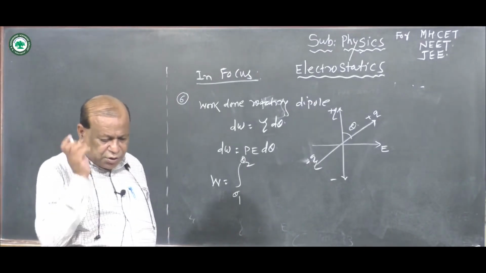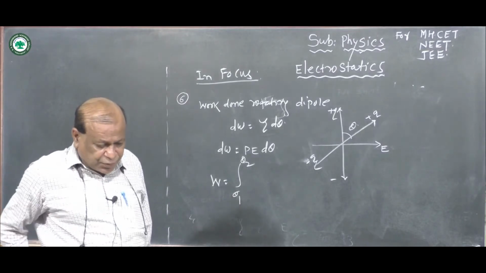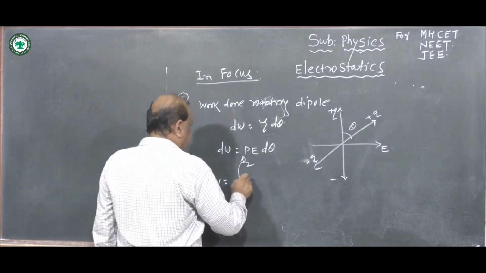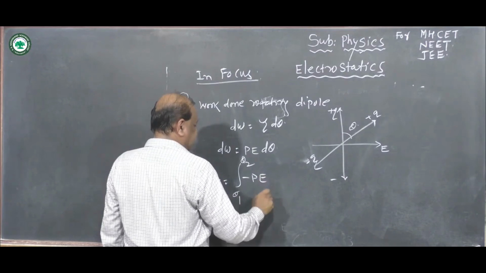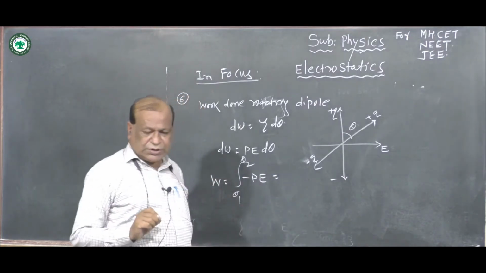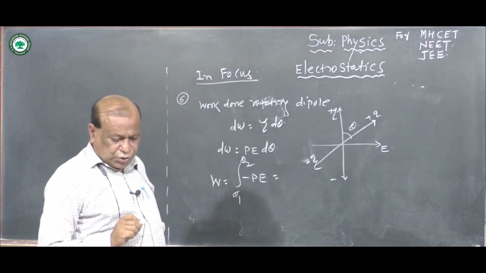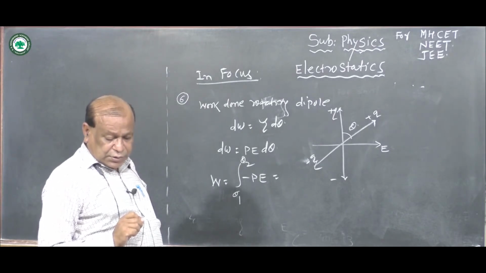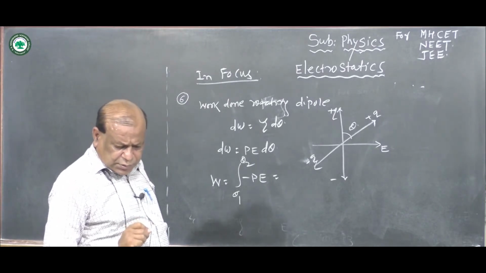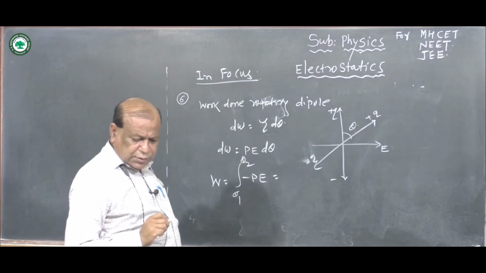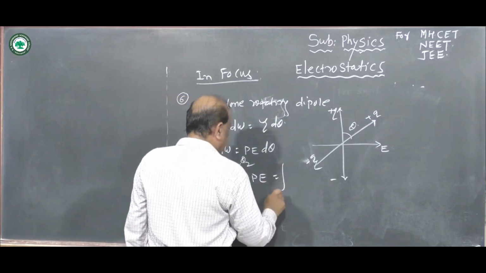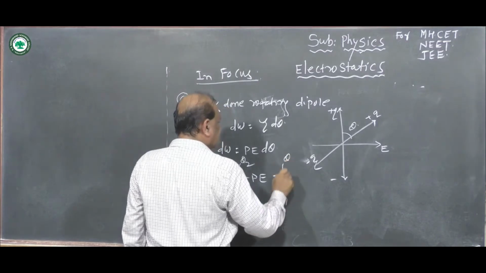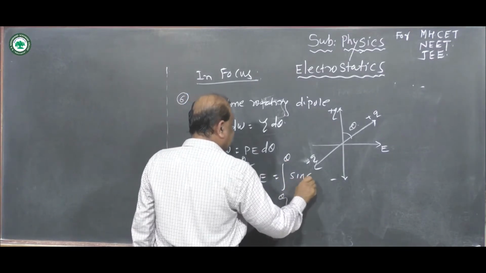Then we get minus PE, which is equal to the integration from theta 1 to theta 2 of sine theta.